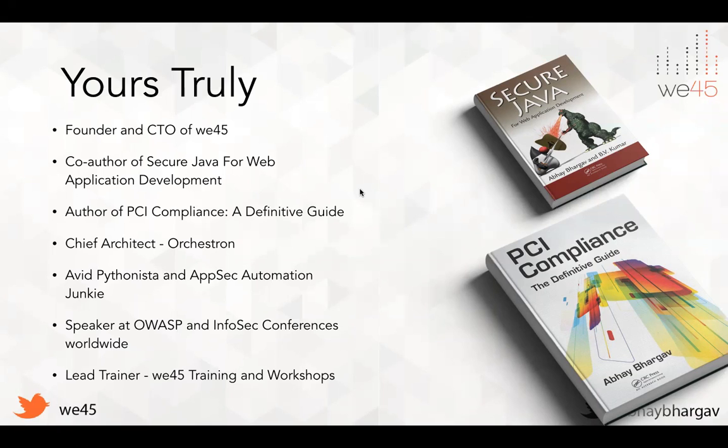So we do a lot of work in the DevSecOps, AppSec automation space. That's one of our coups d'état, if you will. And we've also been heavily involved in threat modeling and how you can make threat modeling a part of this DevSecOps process. So that's one of the things I'll be talking about today, and talking about Threat Playbook, which helps you achieve this goal.